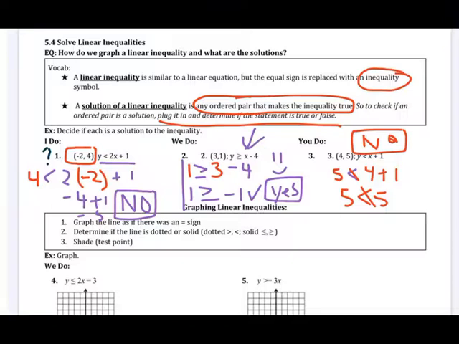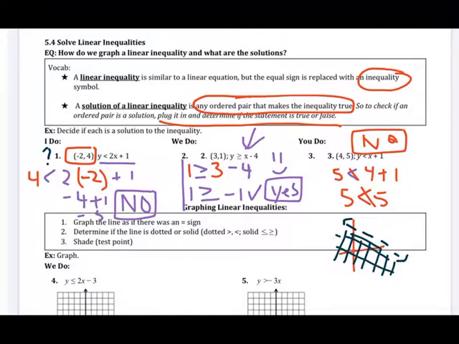But what is the solution? What does a linear inequality look like? And what does its solution look like? So a linear inequality is going to look like a line that is graphed, and just like with open circles and closed circles, we're going to have solid lines or dotted lines. And we're going to shade either above or below, depending on the line.